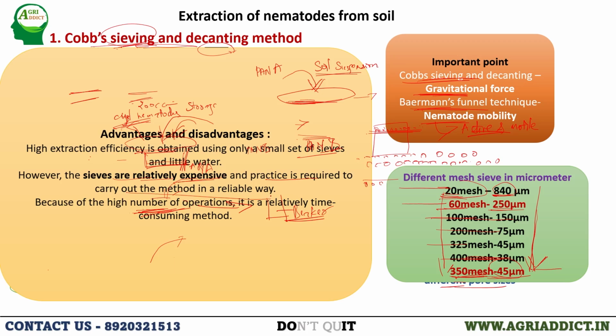If Cobb's sieving and decanting method is to become very efficient, you have to follow the method very carefully, and practice is most needed to make it very effective. One more disadvantage is that it is a time consuming method.